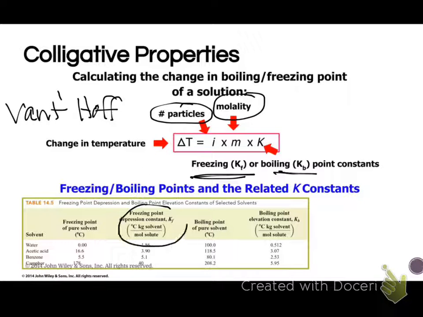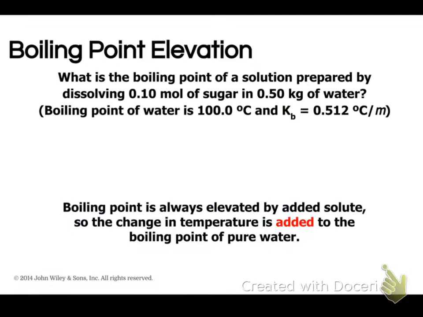So the Kf here for water is 1.86, and it has these funny units right here, but we need to keep track of those because it helps us to make sure we've done the calculation correctly. Like if I end up with moles in my change in temperature, I know that's wrong because temperature is just Celsius. Okay, if I'm boiling, we're going to use this constant for water. So it's important to pay attention to which process we're doing.